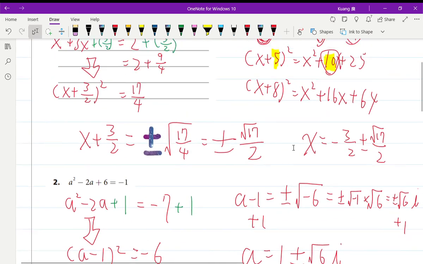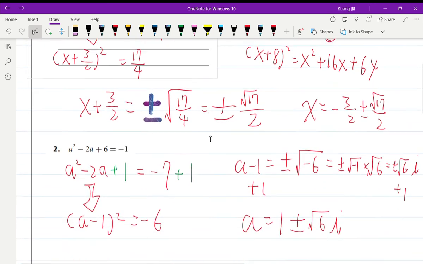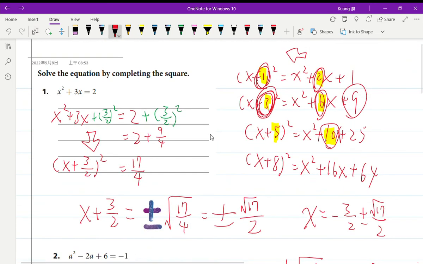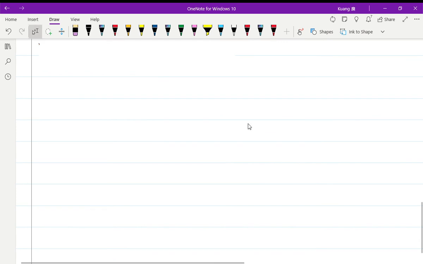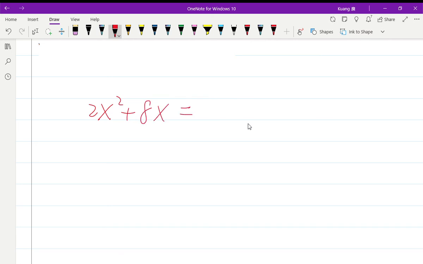Lastly, I want to talk about this. You might not see it in the future, but maybe not now. If they ask you to complete the square, use completing the square. If it's like 2x squared plus 8x equals maybe 10, you need to make sure the coefficient of x squared is 1.